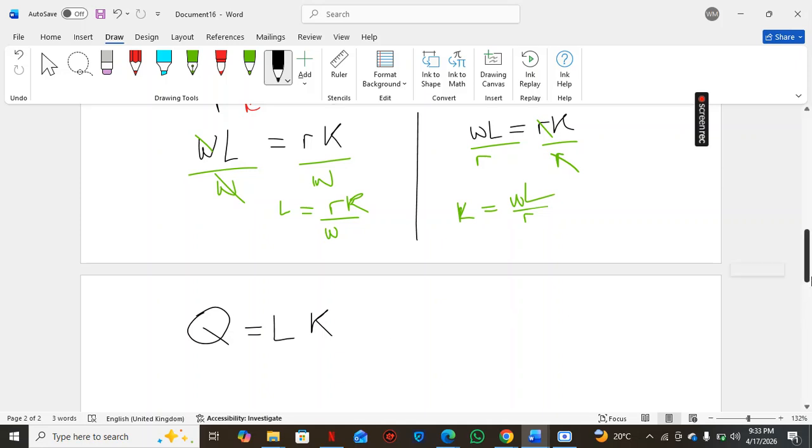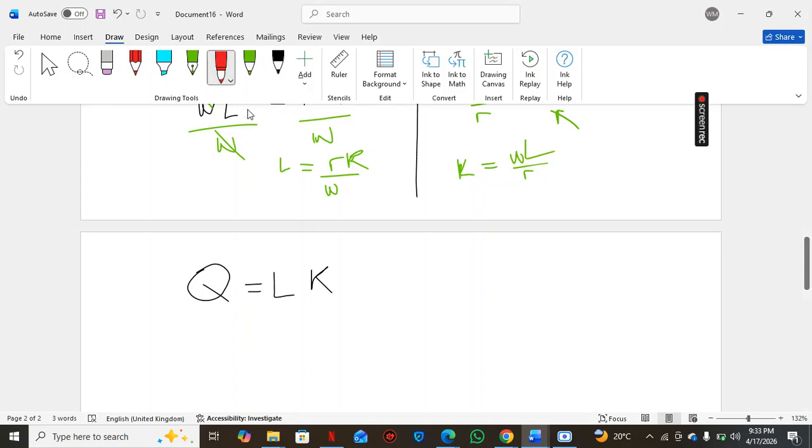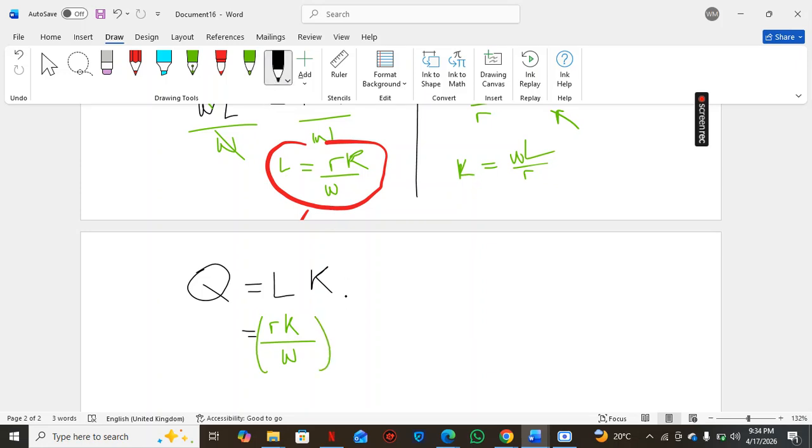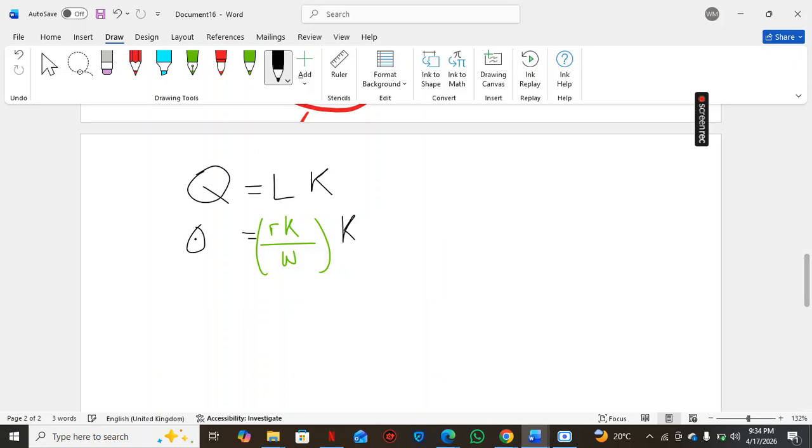Okay. So if we substitute this, L equals RK over W into this function here. It becomes Q equals RK over W times K. Okay. Then we simplify this expression here. RK times K, that is RK squared over W. Remember, I want to find the value of K. Okay, so you cross multiply.